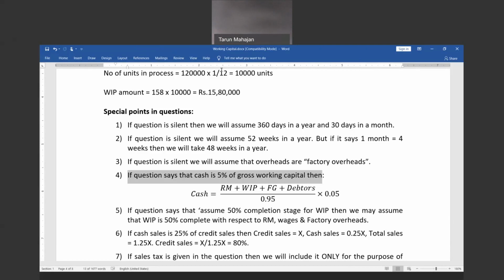Because working capital is dependent on cash, and cash is 5% of working capital, the remaining current assets are 95% of gross working capital.